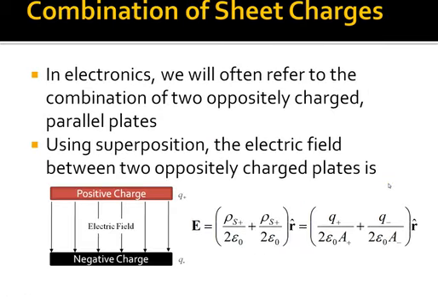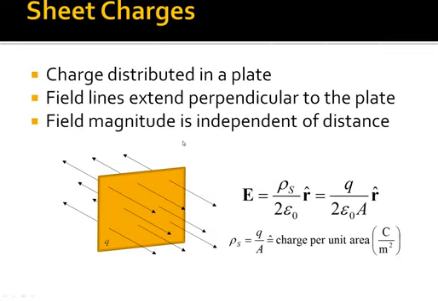Now, in electronics, we often refer to the combination of two oppositely charged parallel plates. If we have two oppositely charged parallel plates, we have the superposition of two sheet charges.